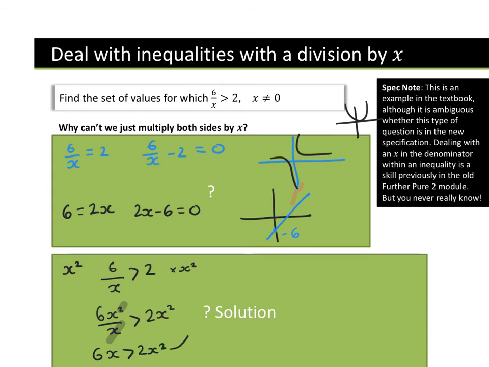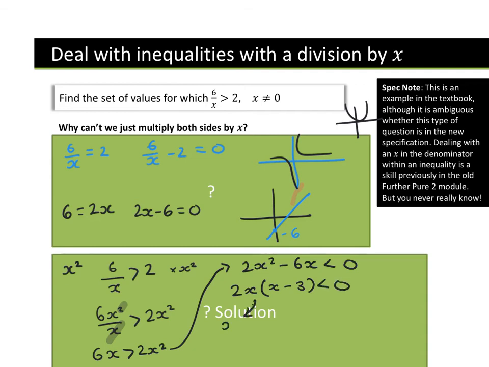We can rearrange this to get 2x squared minus 6x is less than 0. I can then do 2 lots of x bracket x minus 3 is less than 0.